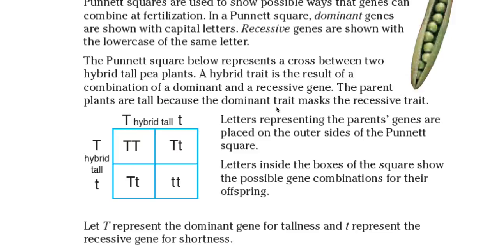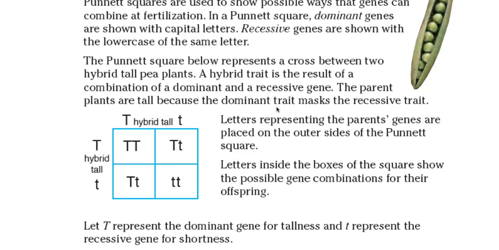So if you take a look at this example, this was Mendel's pea plant experiment. The Punnett square indicates the genes, or the alleles, of a hybrid tall plant.